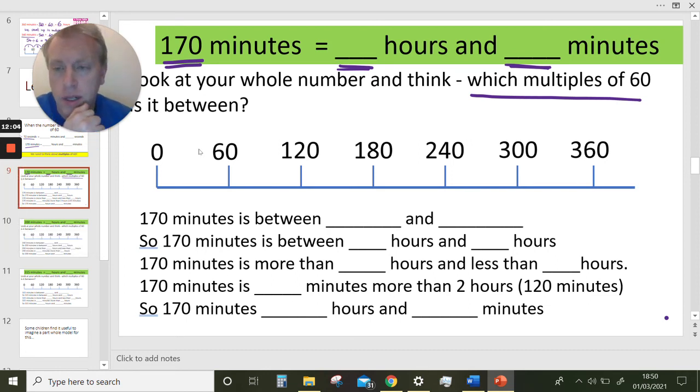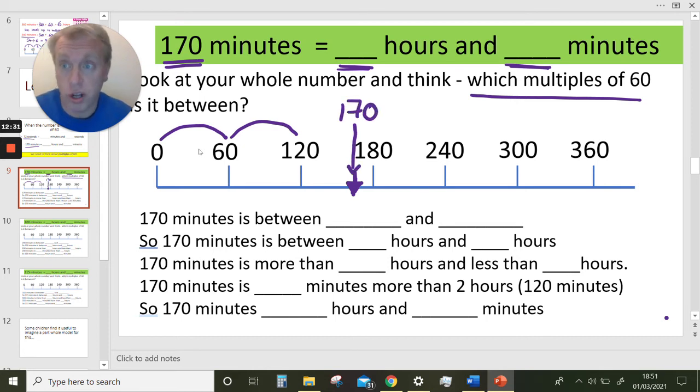So we count up in our 60s. Okay, well, 60, that will be 1 hour. 120, 2 hours. But hold on. 170 minutes is between 120 and 180. In fact, 170 is probably around there. It's before we get to 180.